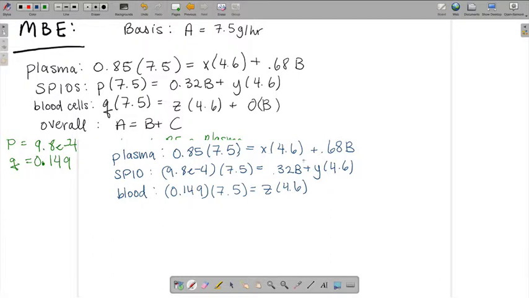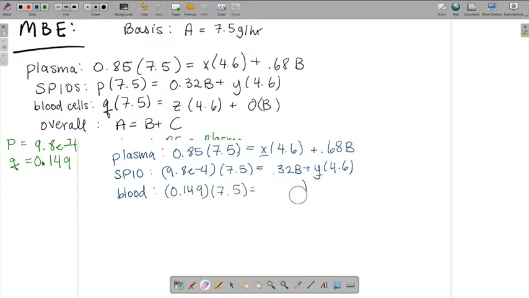Now we have too many variables at this point because we have our x, y, and z, and then we also have b. So in order to reduce the number of variables, we have to reduce it down to 3 because we only have 3 equations. So we can say that z is equal to 1 minus x plus y.